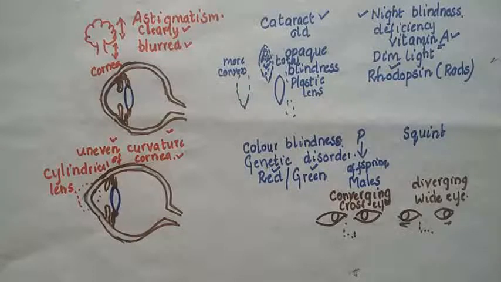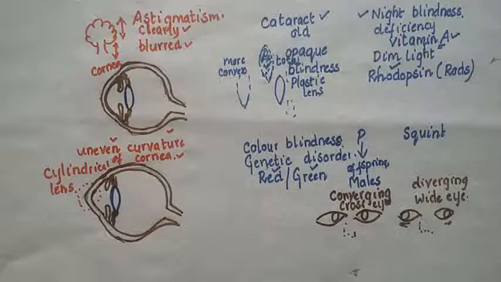So in these conditions, when the muscles are not undergoing proper contraction or relaxation, the individual starts suffering from converging eyes or cross eyes or wide eyes. And this defect can be corrected by surgery or when a person carries out certain exercises for his eyes. Okay, this defect can be rectified.